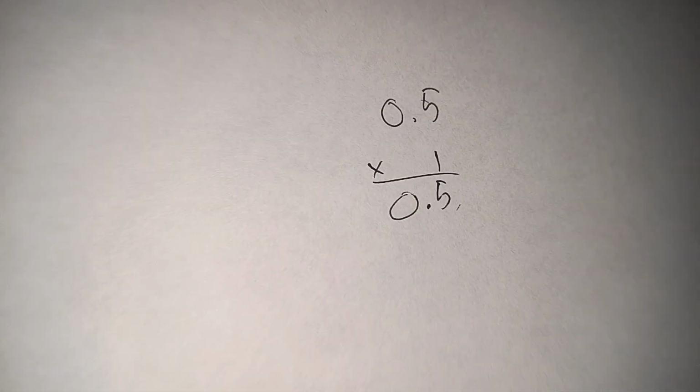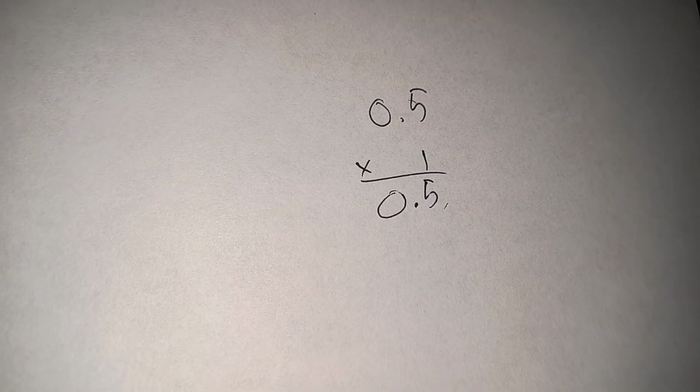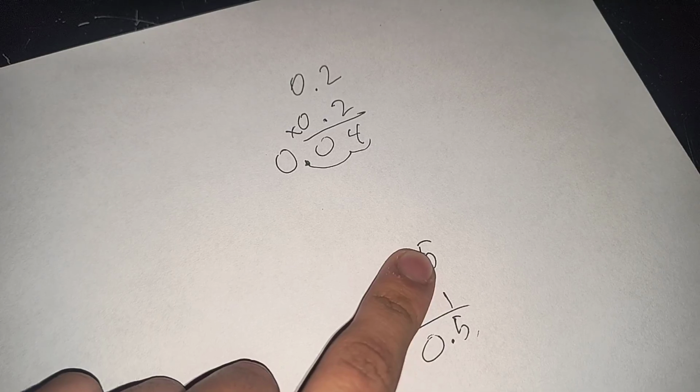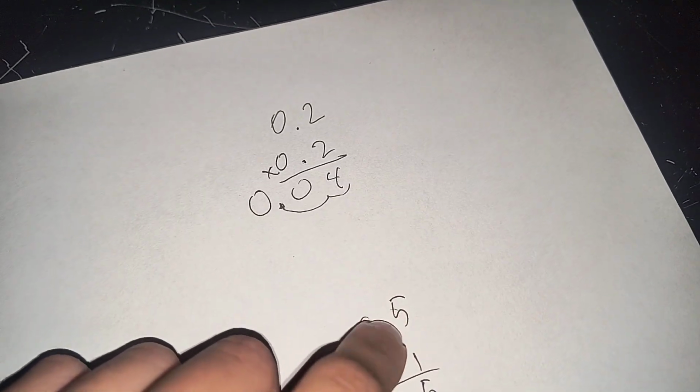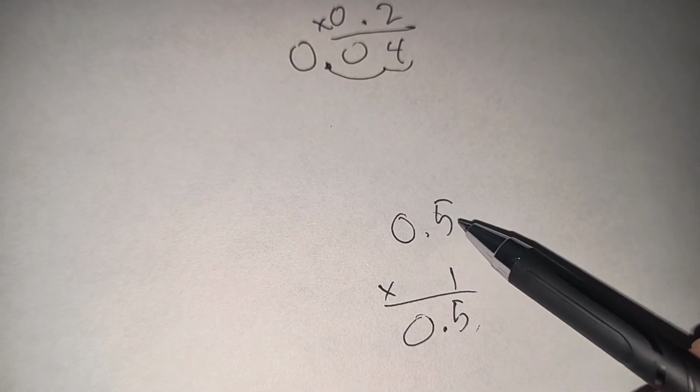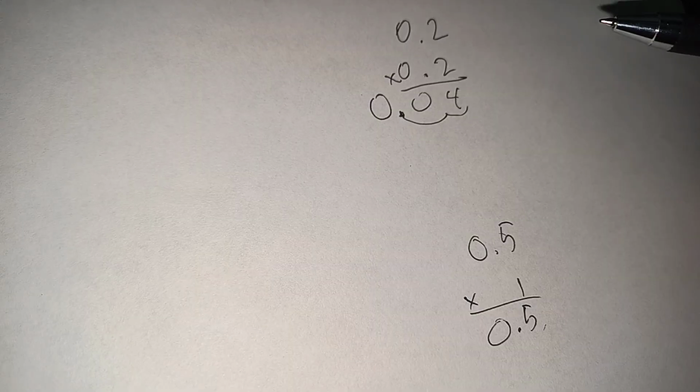The reason being is that whenever you are multiplying a decimal value times a whole number, you're going to add that decimal value, in this case just 0.5, that many times.